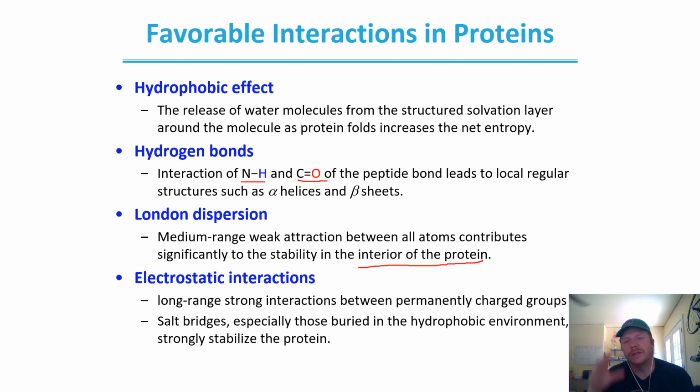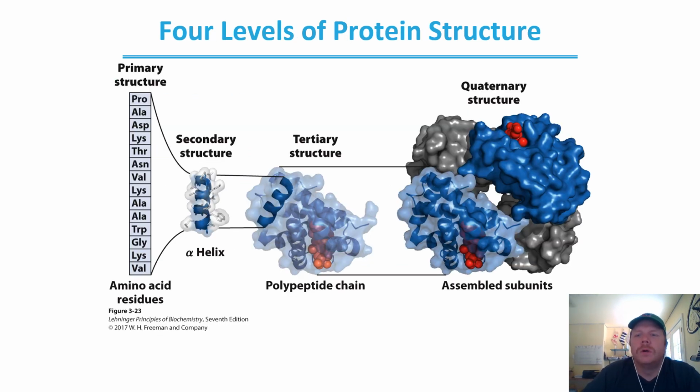So you could have an aspartic acid over here and a lysine over here. This lysine is positively charged, this aspartic acid is negatively charged. The strong interactions between those two amino acid R groups are going to help stabilize the overall structure of that protein. So this is a simplistic view of it, but we'll unpack this a little bit.